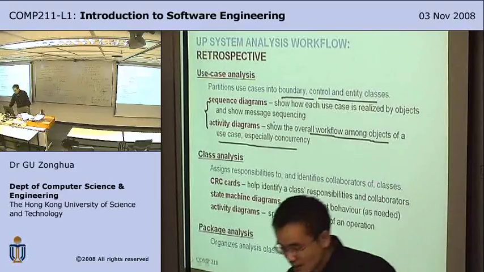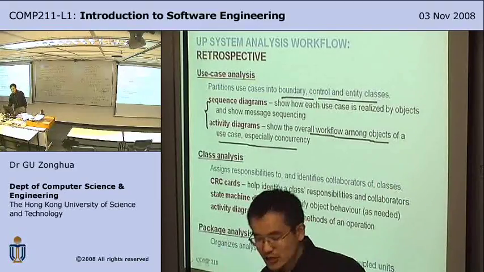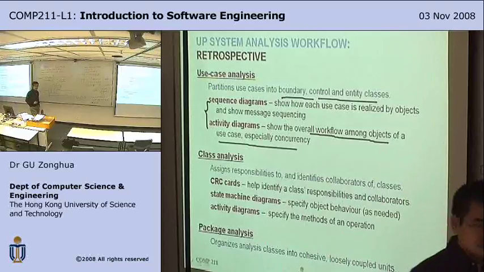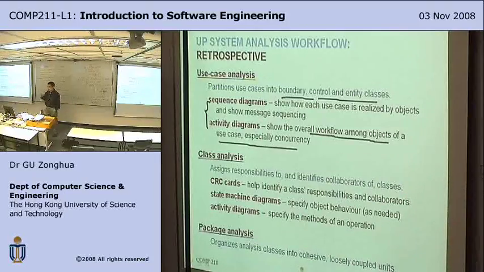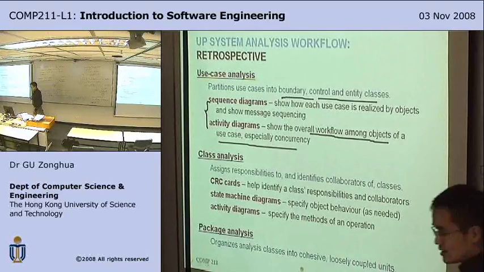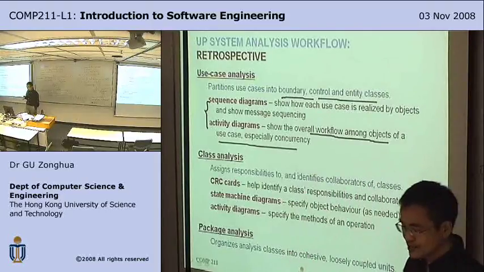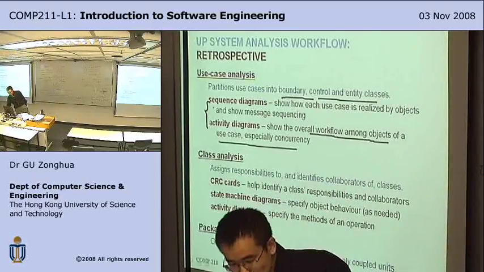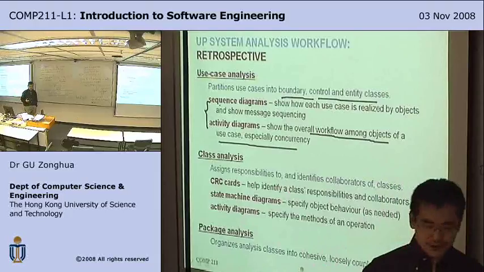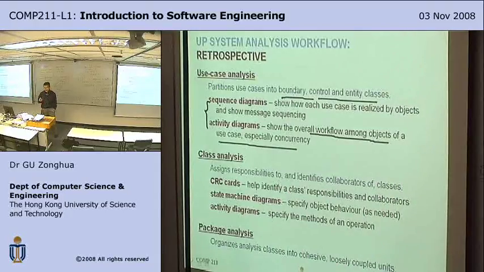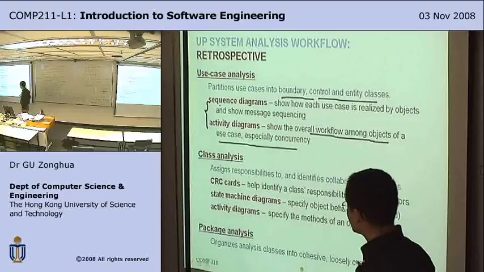Of course, sequence diagrams are naturally concurrent, right? You have the vertical lines, each one representing a role that an object plays in the sequence diagram. So oftentimes the sequence diagrams and activity diagrams contain more or less similar information.